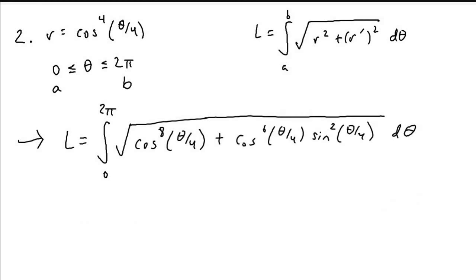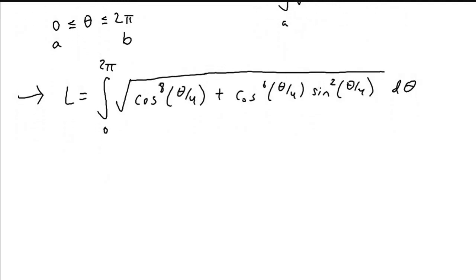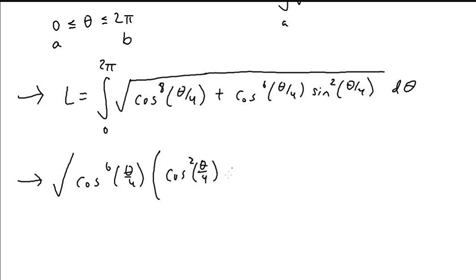So just like this previous problem, I'm going to start out by factoring out cosine to the 6th. So let's not focus on the integral right now, let's just focus on the square root. If I were to factor out a cosine to the 6th of theta over 4, what's left is cosine squared of theta over 4 plus sine squared of theta over 4.